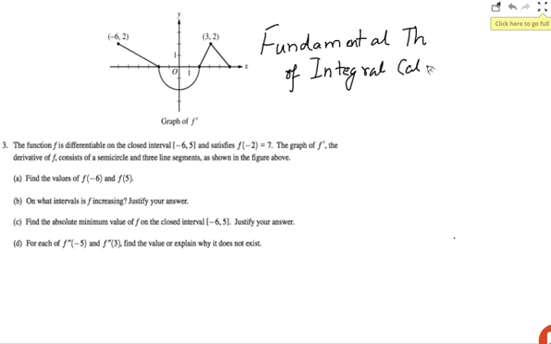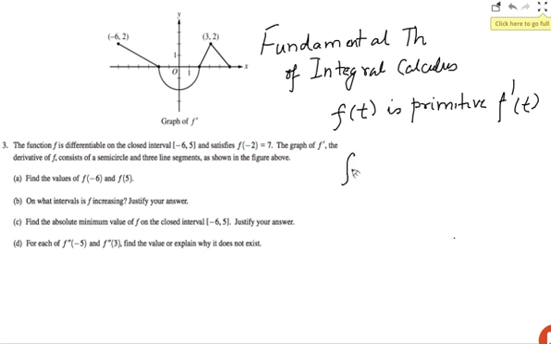Now this theorem says that if f of t is the primitive or antiderivative of f dash t, then the integral of f dash t from a to b is given as f of b minus f of a. Right? So exactly the same thing I'm going to use in this question as well.